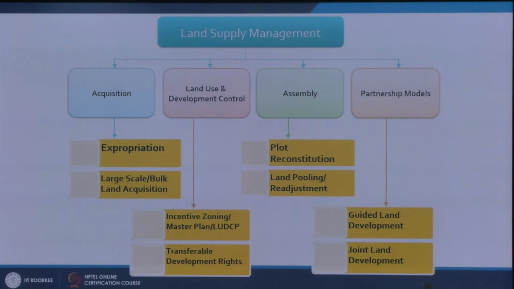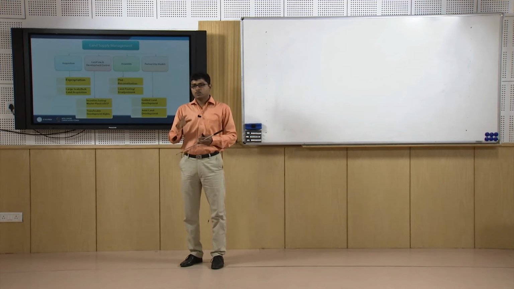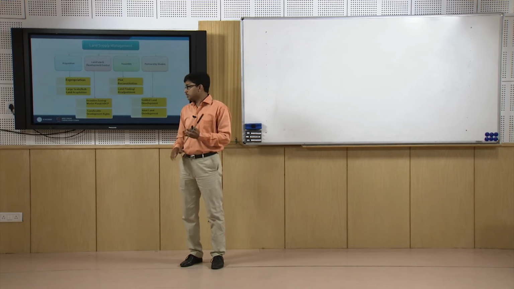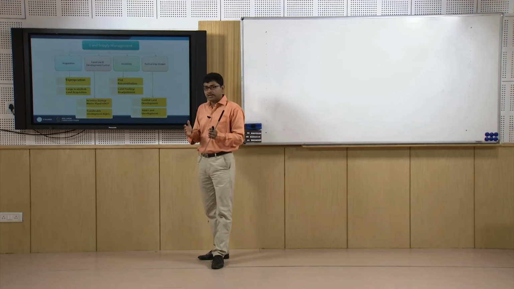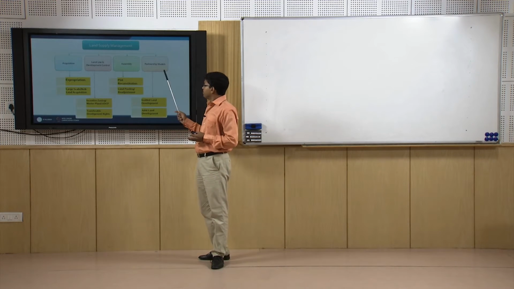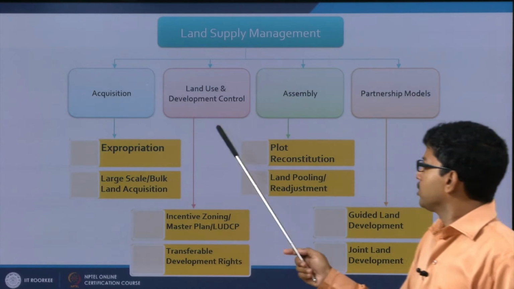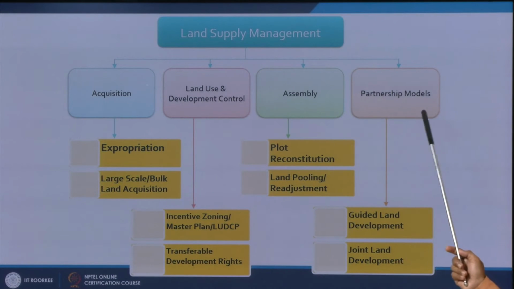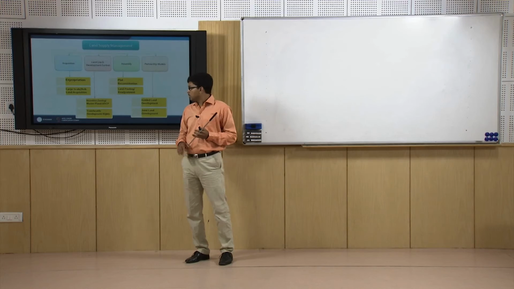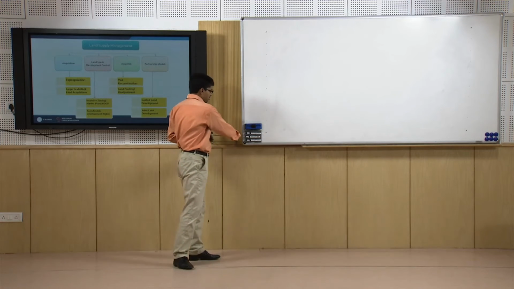Like, the private party can acquire or purchase the land directly, the government can provide some rules and regulations and some control, and based on that both of them jointly can develop that land. So, this particular model uses neither acquisition nor land use prescription or assembly, but it is a kind of partnership development model. So, let us see what the basic differences and characteristics of these models are.